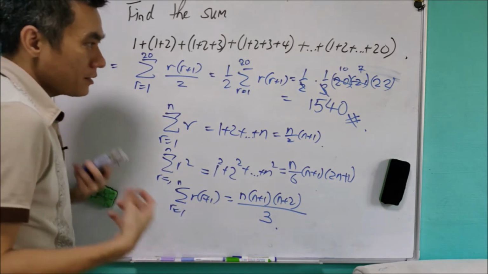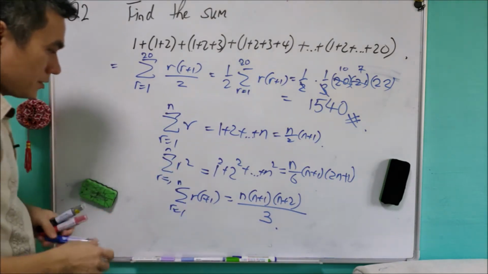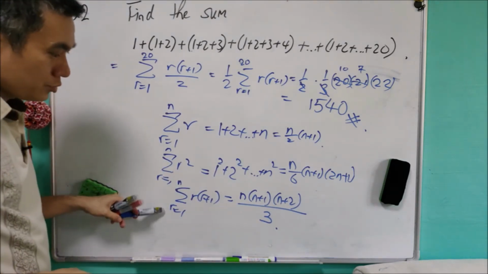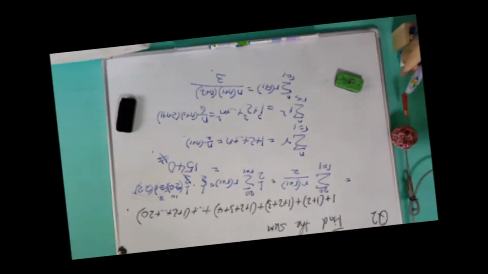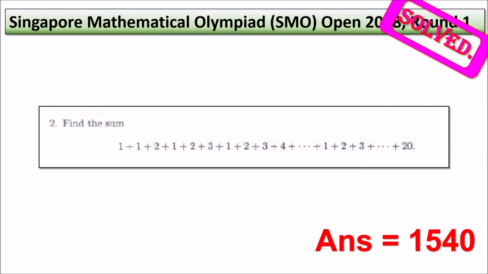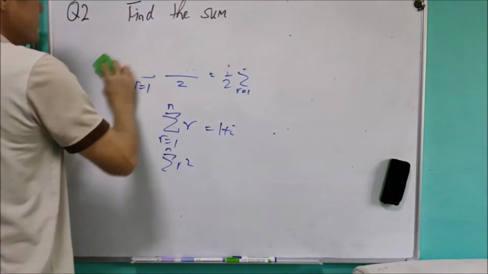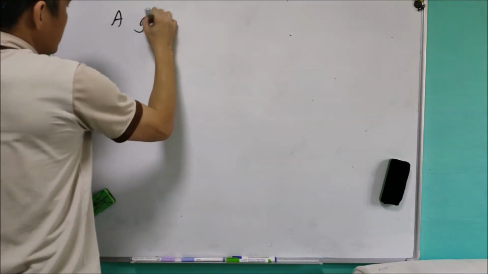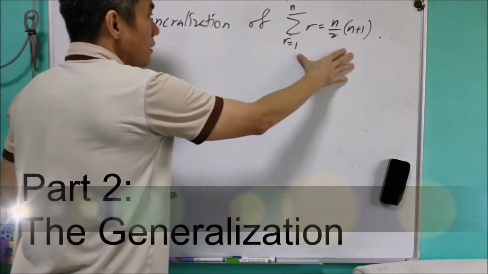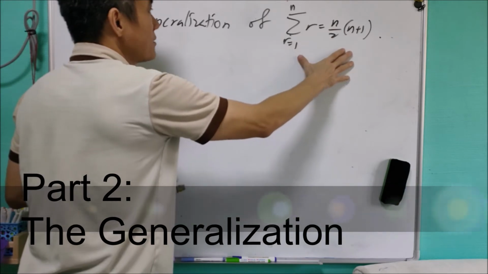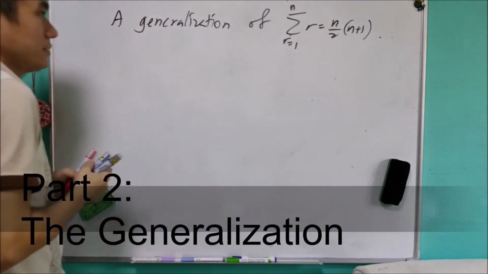Now I'll spend another 3 to 5 minutes to explain why this is true, and I will give a generalization for this summation. This is a well-known result, and we have to understand how we get this result in the first place.